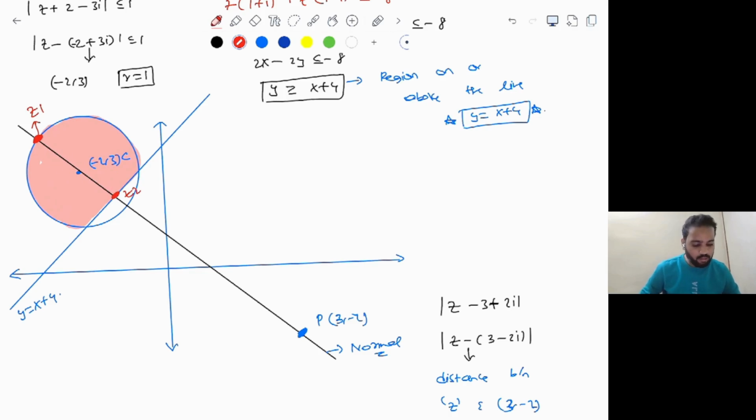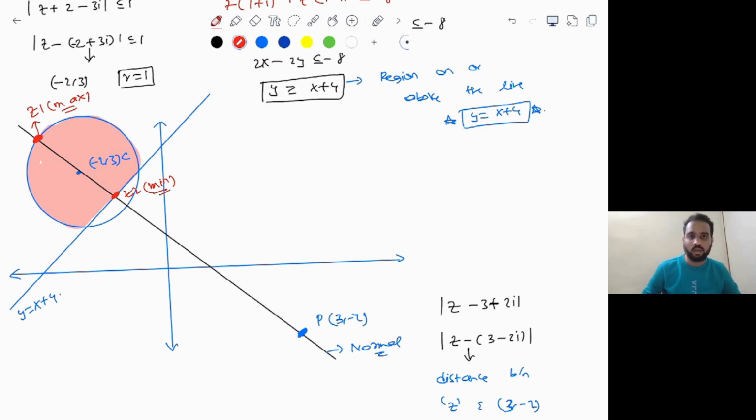Okay. Otherwise, if you want, I'll mention like this: Z1 is maximum, right? So in the brackets I'll put maximum and here in the brackets I'll put minimum so that it will be clear to you. Okay. So Z1 is the point of maximum, Z2 is the point of minimum in this case.